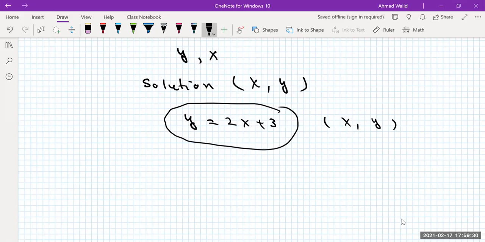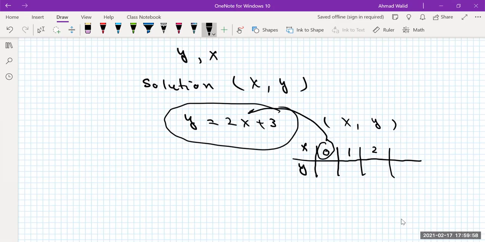How? For example, if I choose a table of X and Y, and I choose some values for X, for example, when X is 0, when X is 1, when X is 2, how much is the value of Y? If I plug the X value into my equation, it gives me a value for Y. For example, let's plug in 0.